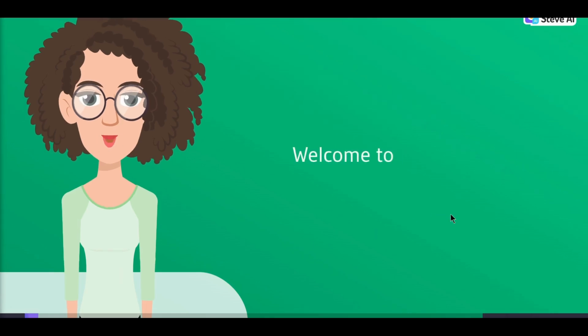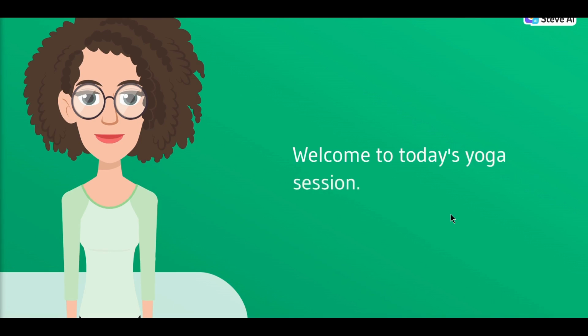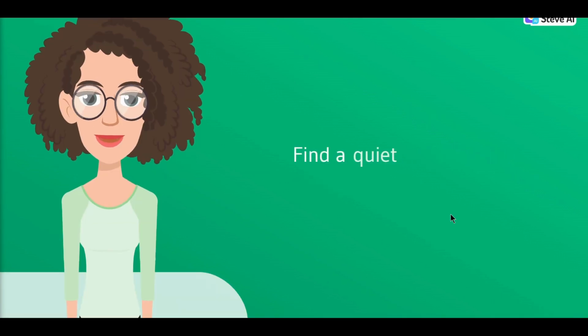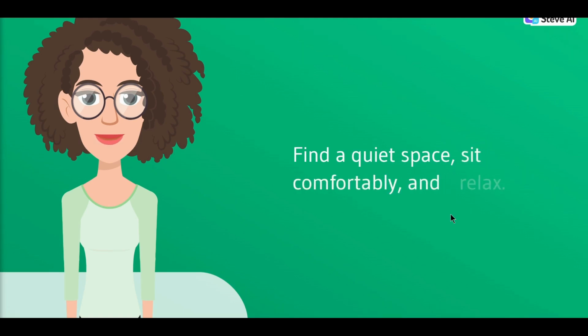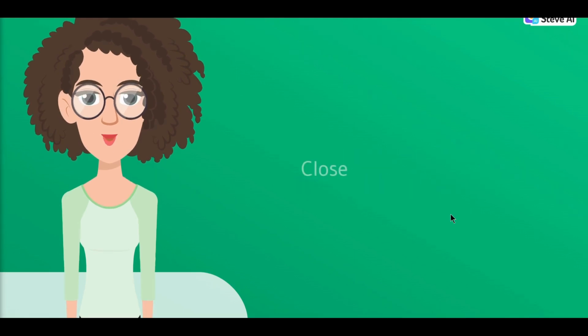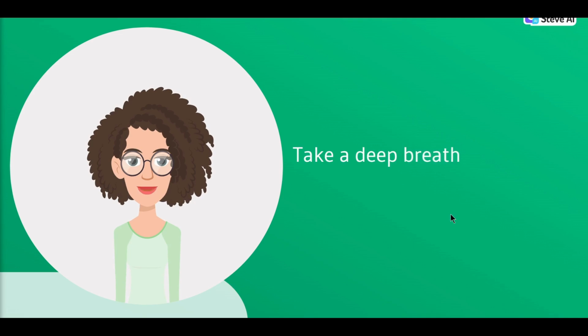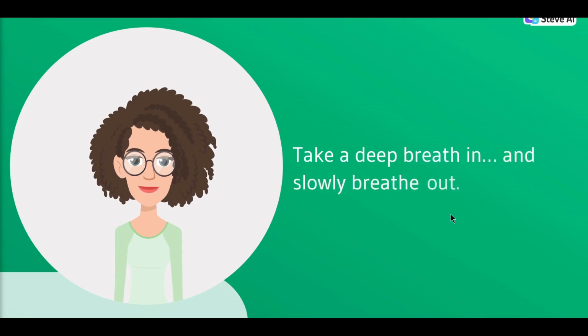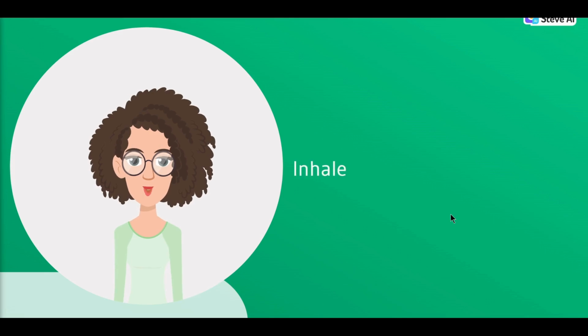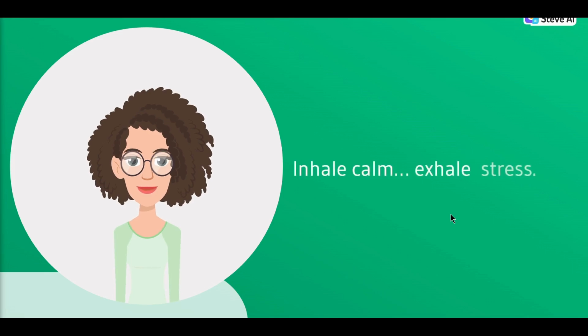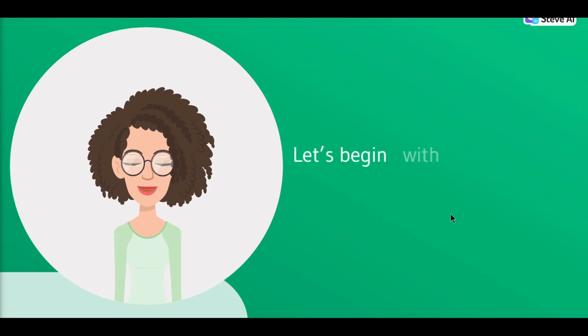Welcome to today's yoga session. Find a quiet space, sit comfortably, and relax. Close your eyes. Take a deep breath in, and slowly breathe out. Inhale calm. Exhale stress. Let's begin with a gentle neck roll.